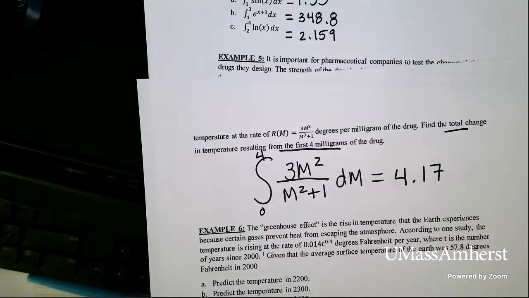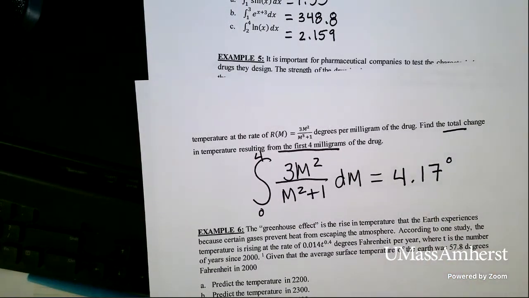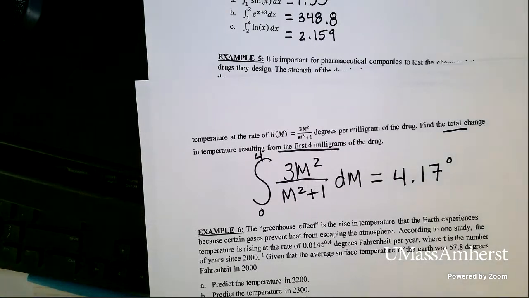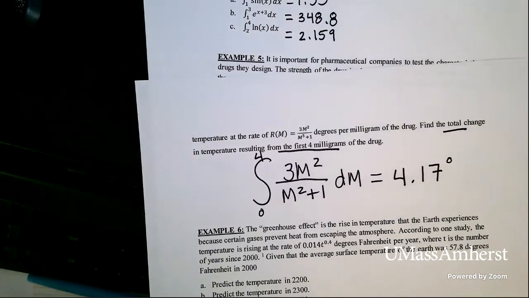So what does that mean? That means the change in temperature for the first 4 milligrams of the drug is 4.17 degrees, right? We're talking about degrees here. And so we don't know the temperature of the person, right? We can't say that their temperature is 4.17 degrees. We say that their temperature changes by 4.17 degrees.